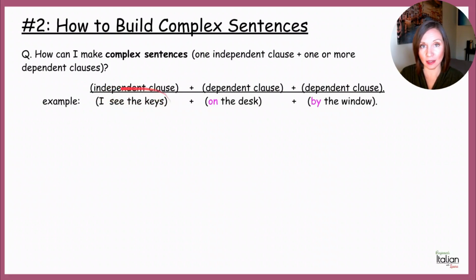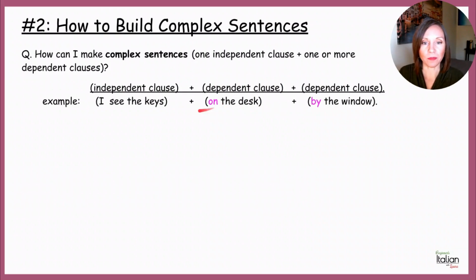It can be a complete sentence by just saying I see the keys, period. But we're going to make a longer, complex sentence in this case because we're adding on one or more dependent clauses. So we have this dependent clause, on the desk, and then we add another dependent clause, by the window, by using these prepositions.